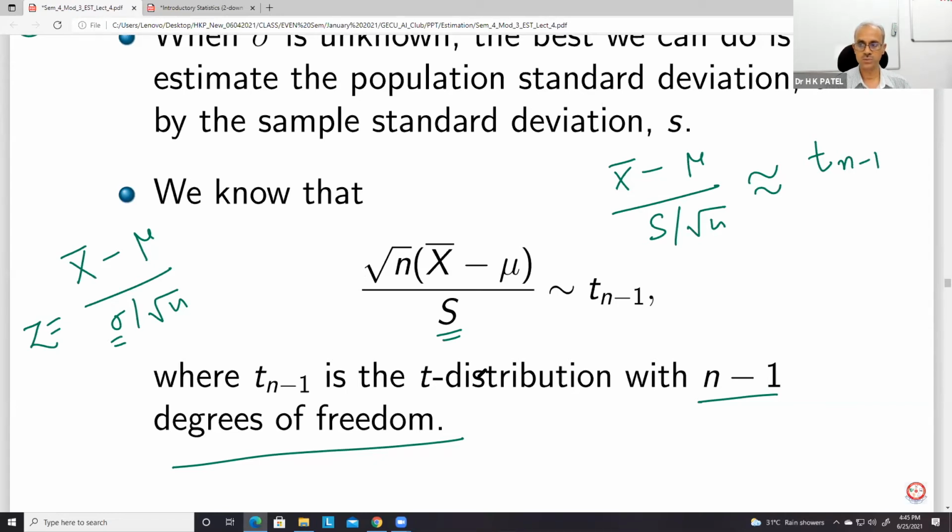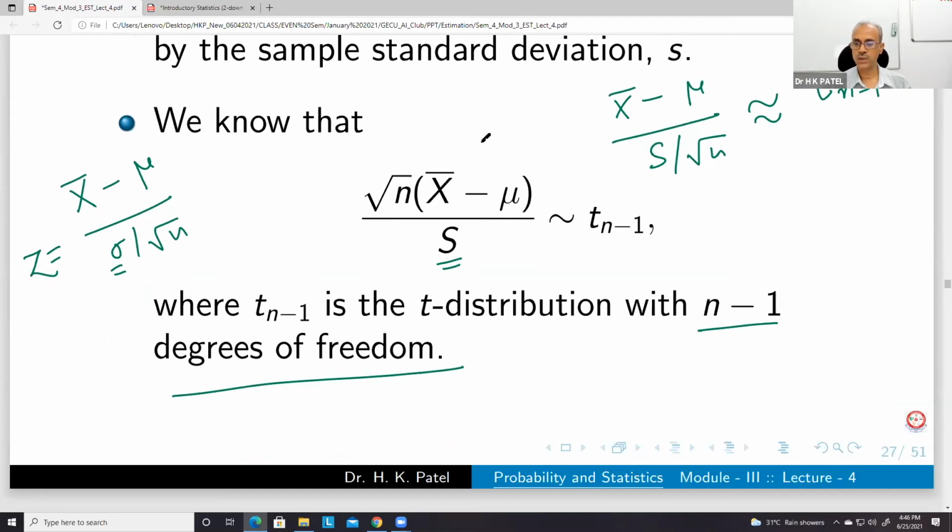Then what to do? If you know the population is normal and the sample is drawn from that population, then we can use Z curves. So there are many ifs and buts here. The only difference between the Z curve and the T curve is that we use the sample standard deviation here.